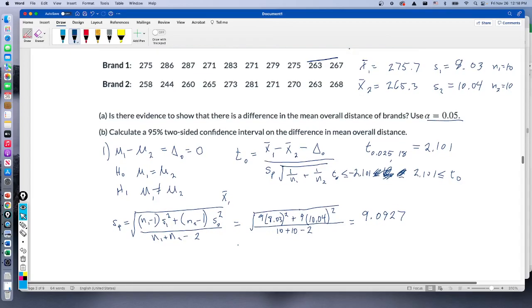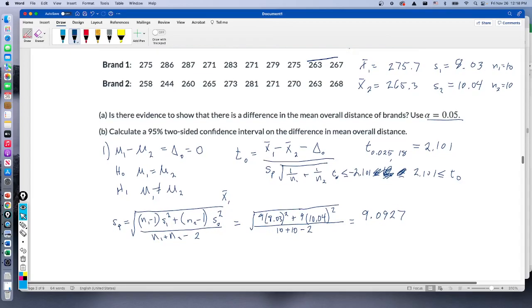So now we can come back and calculate this t naught. So for t naught, x1 minus x2, so 275.7 minus 265.3, minus 0. I'm going to go ahead and put that as the difference thing there, but I didn't just forget about it.